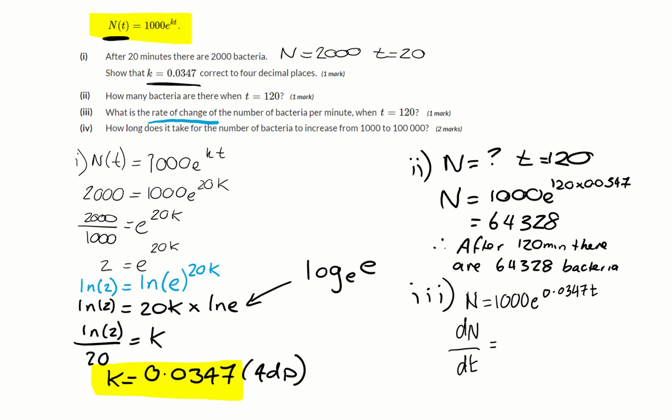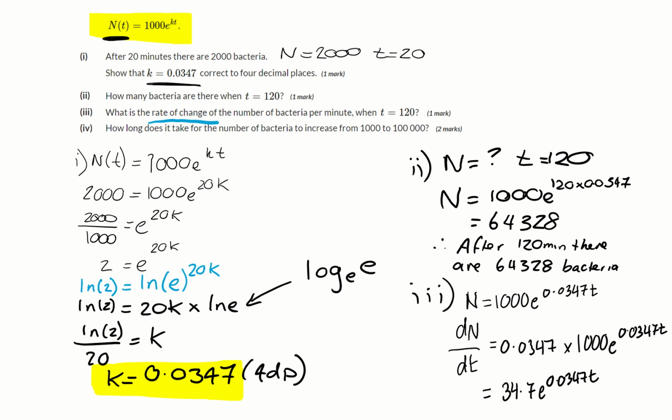Once again, differentiate the power and times it out the front. So 0.0347 is my derivative, timesing that by 1000 e to the 0.0347t. Which, cleaning up, I'm just going to jump 1, 2, 3, so 34.7 e to the 0.0347t. So that's my derivative. That's my rate that this bacteria is changing for any value of time.